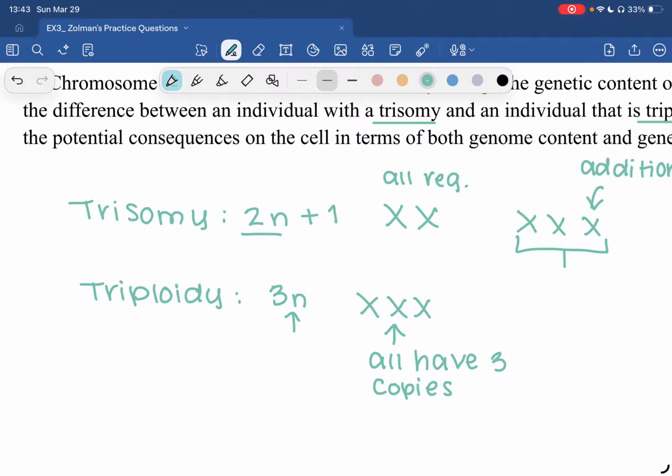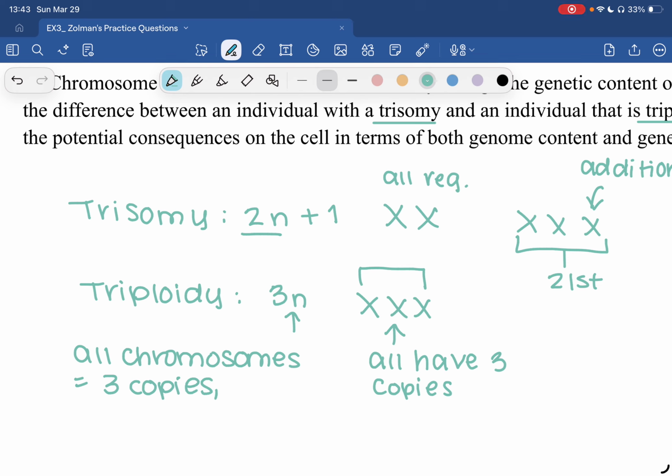Whereas in 3n, all the genes, not just the 21st that's being affected, all your chromosomes would have 3 copies, which would lead to expression in all of the chromosomes. So again, all chromosomes, 3 copies, and all of them would be expressed evenly.